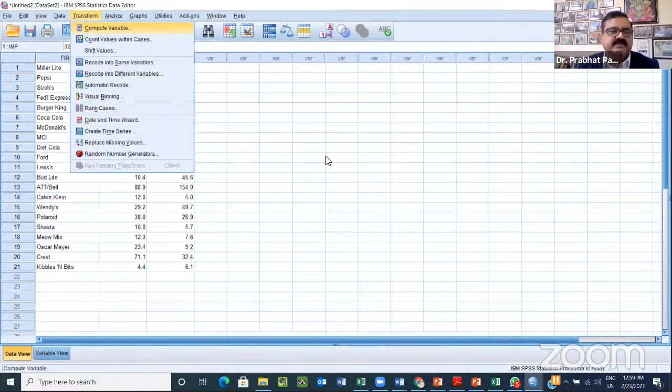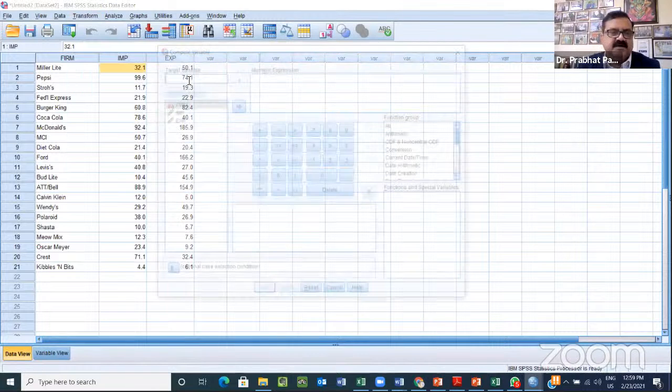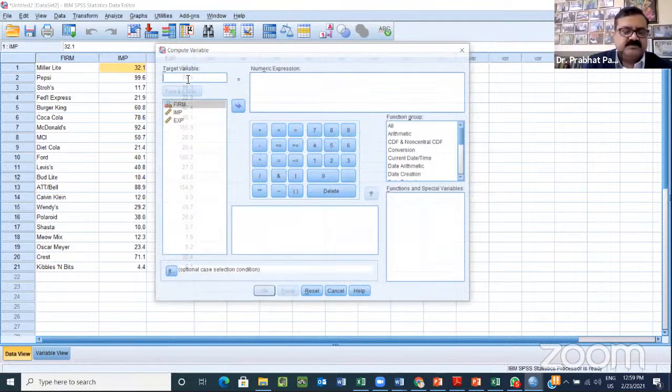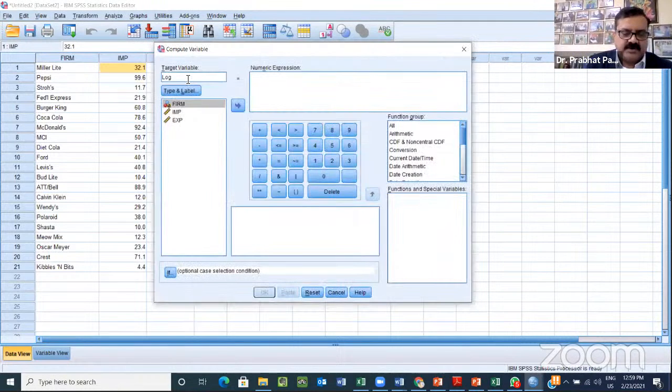So go to compute, and then we say, I'm trying to calculate log IMP. So you take the log functions from here. There are a lot of functions here.